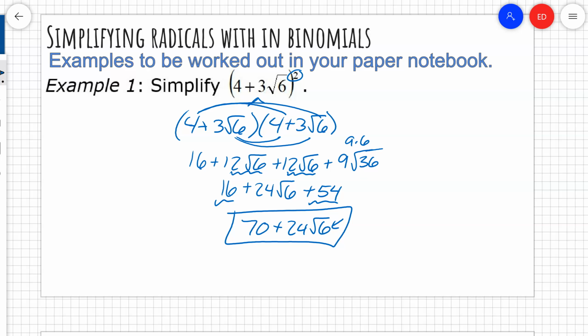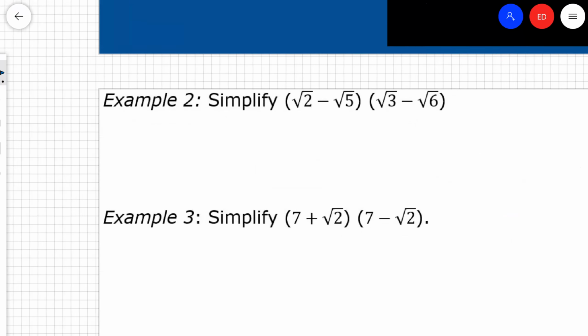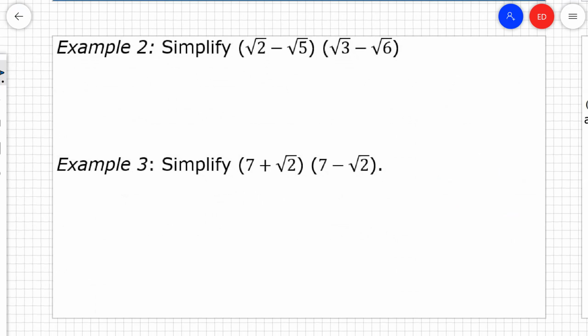All right, let's go ahead and take a look at number 2, our second example. Okay, notice how these are not the same, but we're still going to go through the process the same way. So we're going to have first, outer, inner, last. So the square root of 2 times the square root of 3 is going to give us the square root of 6, plus the square root of 2 times negative square root 6 isn't going to be plus anymore.